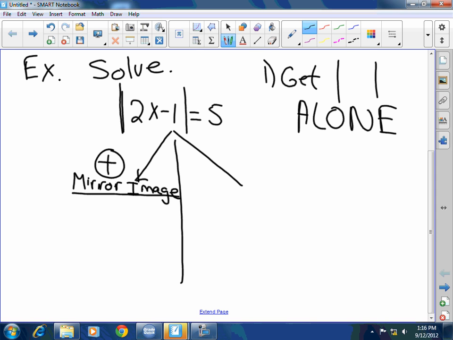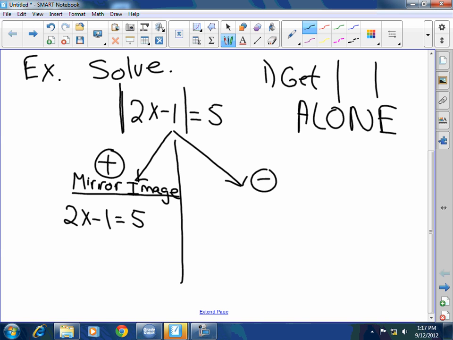It is exactly the same as the original equation or inequality, but without the absolute value signs. So this means 2x minus 1 equals 5. That's the mirror image. Does that make sense?